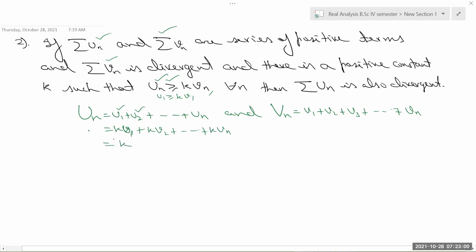It will be greater than or equal to, and it can be written as k times v1 plus v2 plus up to vn, which is equal to k times capital Vn. So in general, one can observe here that capital Un will be greater than or equal to k times capital Vn for every n.